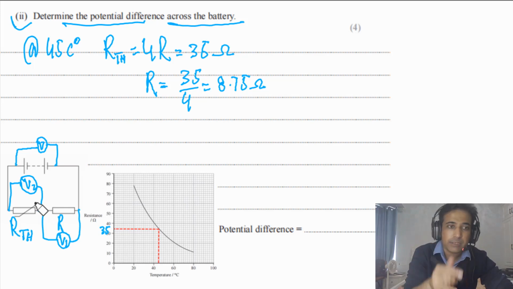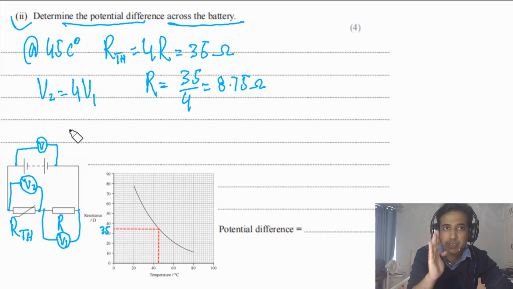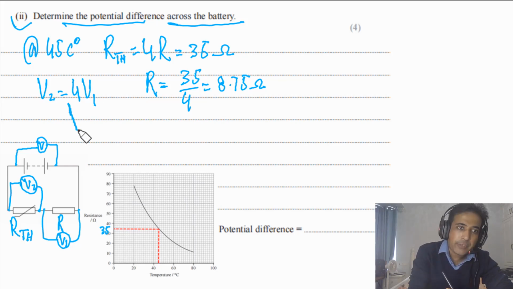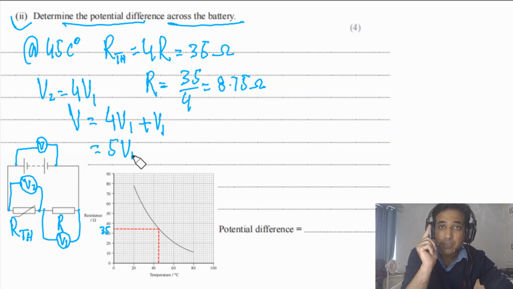So if the resistance of the thermistor is 4 times, it also means that V2 has to be equal to 4 times V1. And for the battery, V has to be equal to 4 times V1 plus V1. It means that it has to be equal to 5 times V1, 5 times the PD across the fixed resistor.